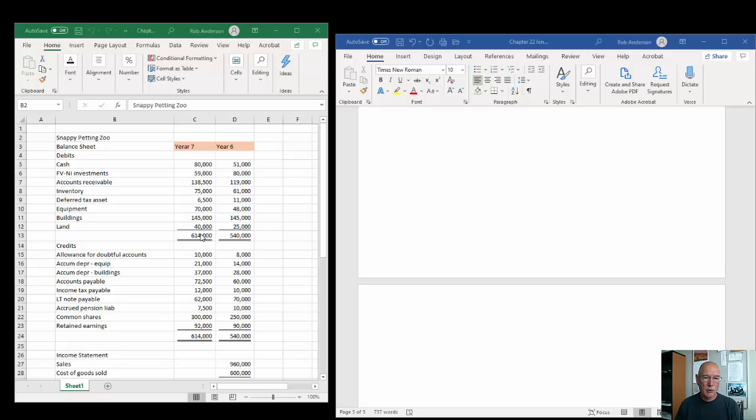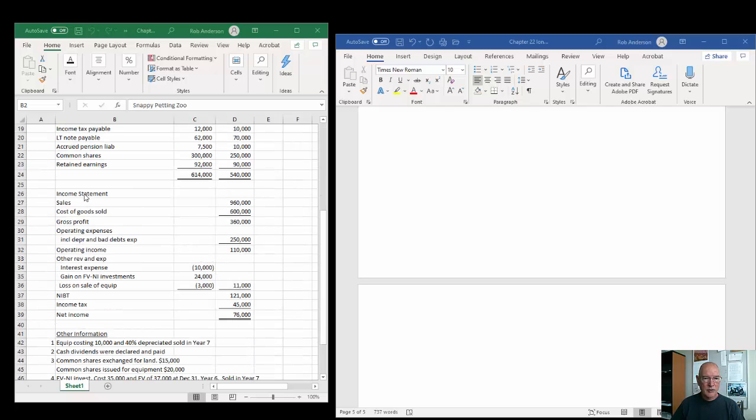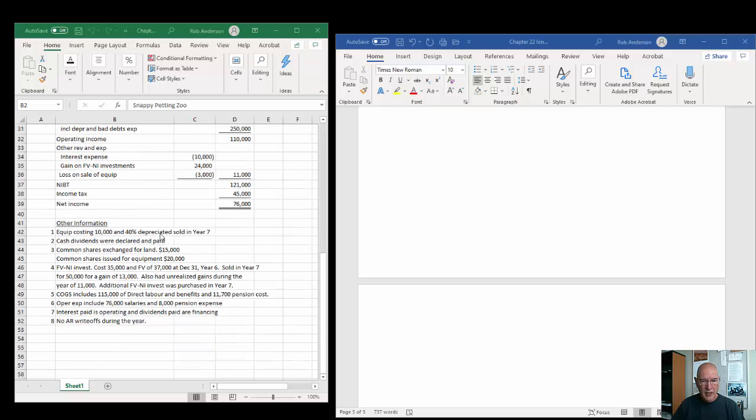Sometimes they give you an actual balance sheet, an income statement, and in this one, I just have debits and credits. Now, those are balance sheet debits and credits, and below here, I have a fairly abbreviated income statement, and then we have some other information.